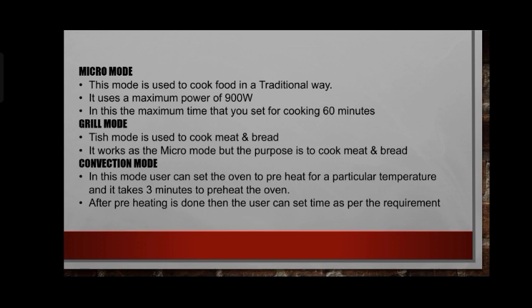Grill mode is the normal traditional way to cook food, its maximum power is 900 watts, and it is used for meat and bread.